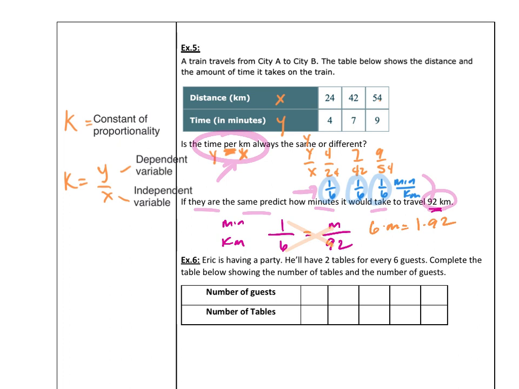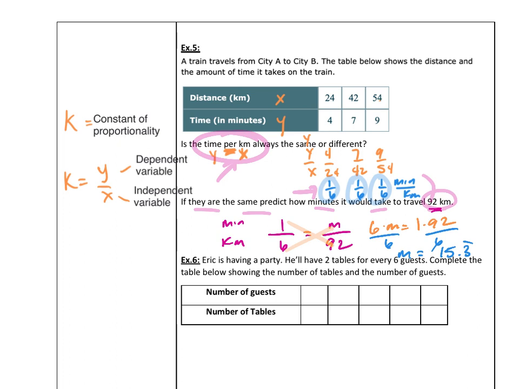And then to solve this, you're going to divide both sides by 6. You get m equals 15.3 repeated, right? So you'd say 15.3 minutes or 15.33 minutes. It would take you 15.33 minutes to go 92 kilometers at that pace.